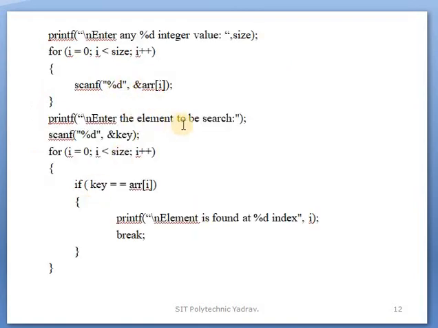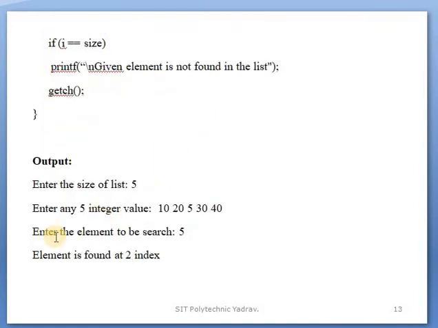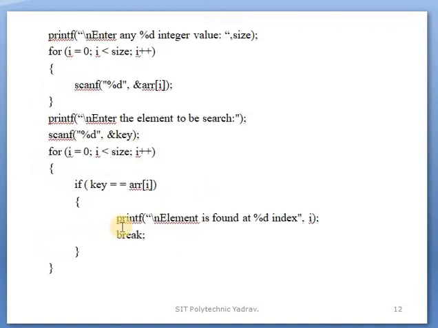It means the user understands to type 5 integer numbers. After that, enter the element to be searched. Using this message the user understands to enter the element which we want to find in that array. After that, comparison is checked one by one and the result is displayed: element is found at %d index.